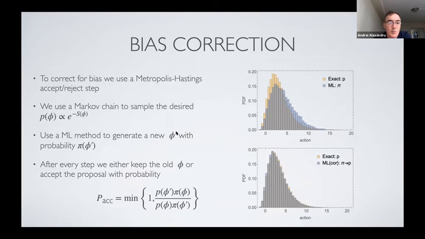So you propose new configurations with the probability characterized by the machine, and then you accept or reject the new configurations based on a probability which involves a ratio: the relative probability of the true distribution and the relative probability of the machine learning method.